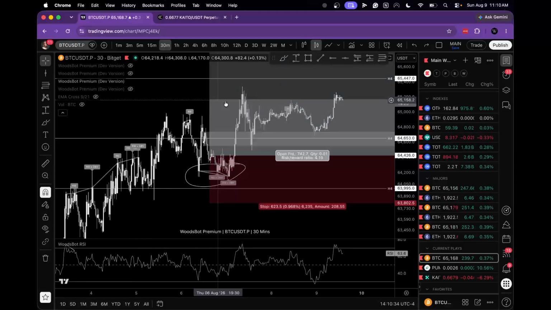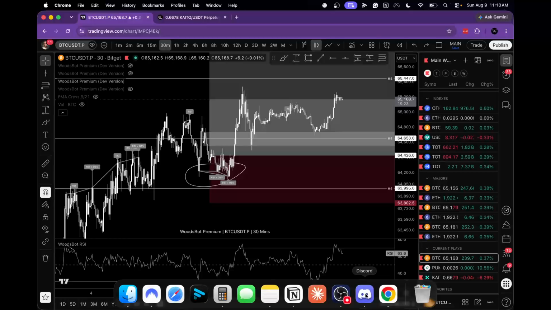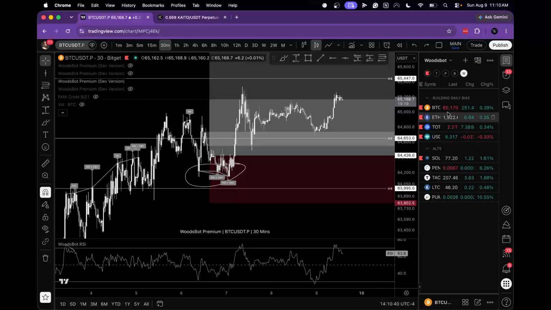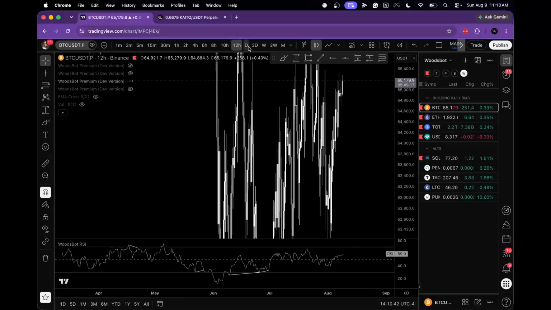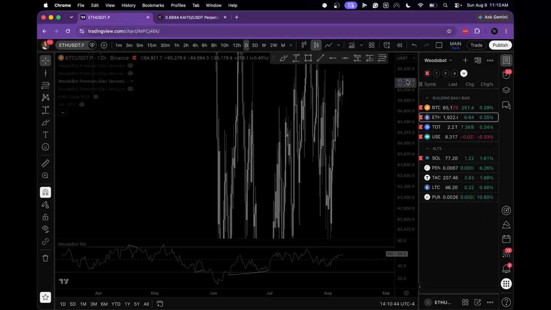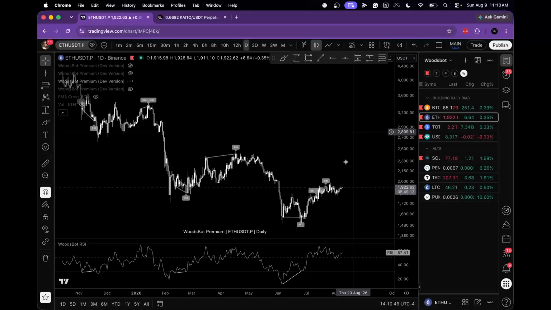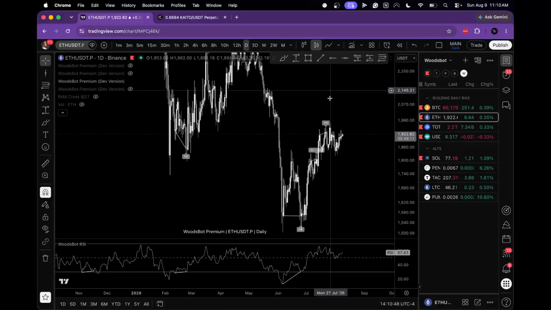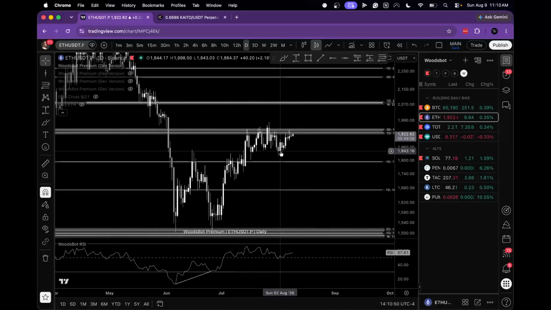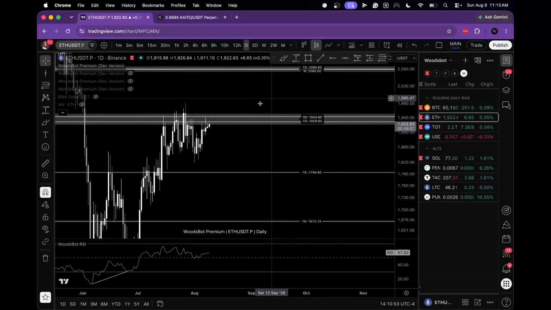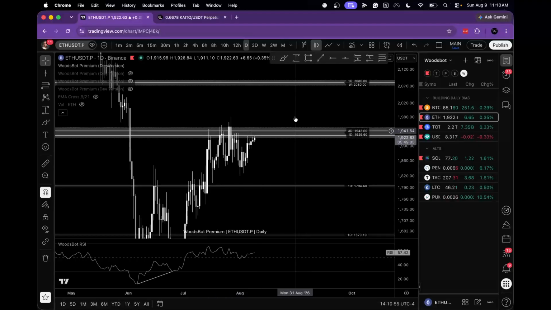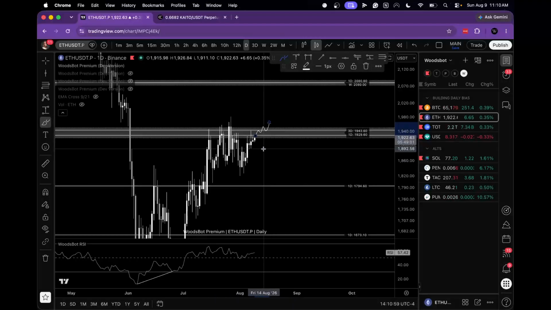I'll watch 4-hour closes on 4-hour levels and daily closes on daily levels, especially if I'm trying to understand where the market's going, like ETH. When the day closes and the week closes, I'll look at these levels. If we close the daily up here, I'm like, okay, this is fantastic.